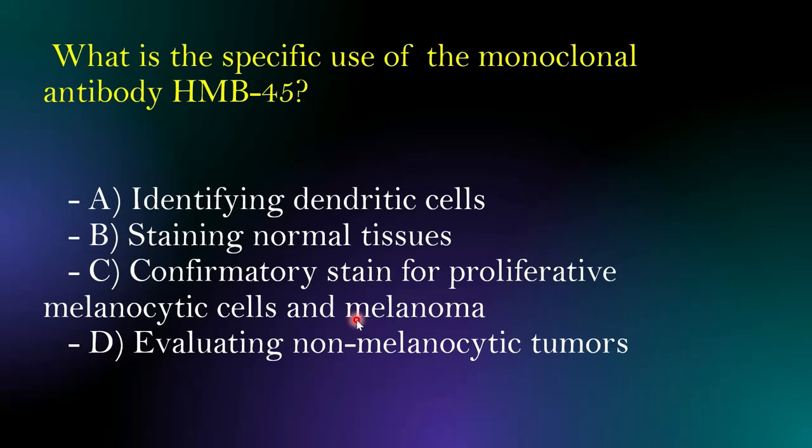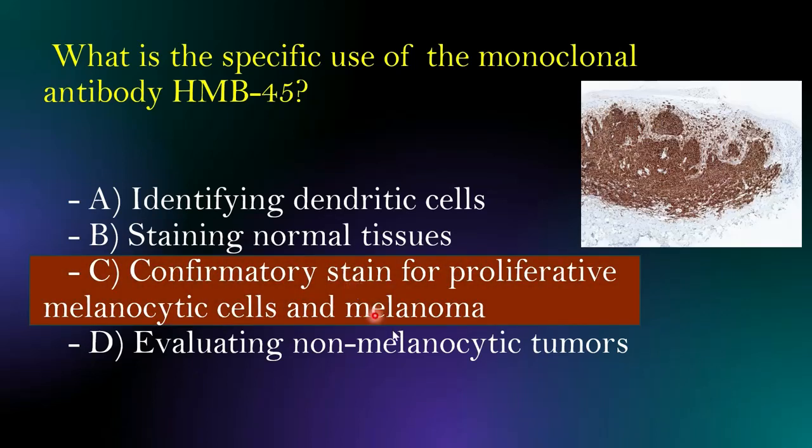Identifying dendritic cells, staining normal tissues, confirmatory stain for proliferative melanocyte cells and melanoma, evaluating non-melanocyte tumors. Of course, it can also help in assessing the mitotic rate in melanoma. So it is for the confirmatory stain of proliferative melanocytic cells and melanoma.